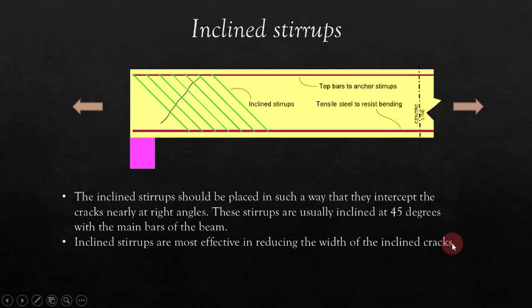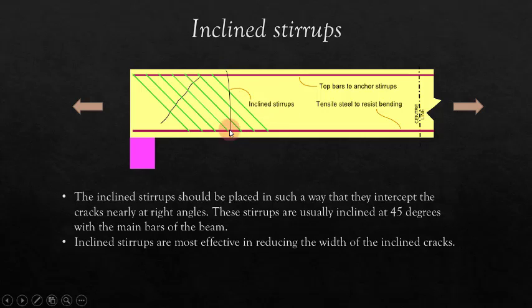For example, in cases where beams are subjected to high axial tensile force, there will be the formation of transverse cracks which will extend to the full depth of the beam. Also, such cracks will be perpendicular to the beam axis.